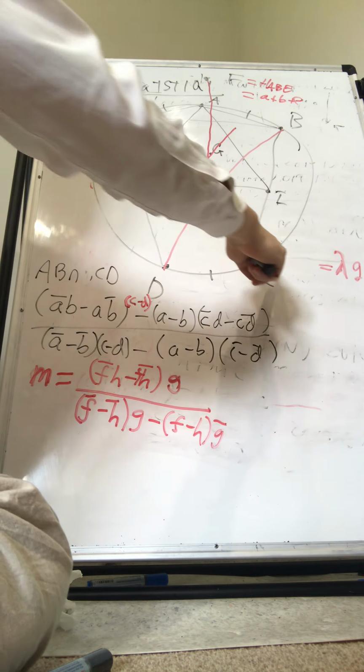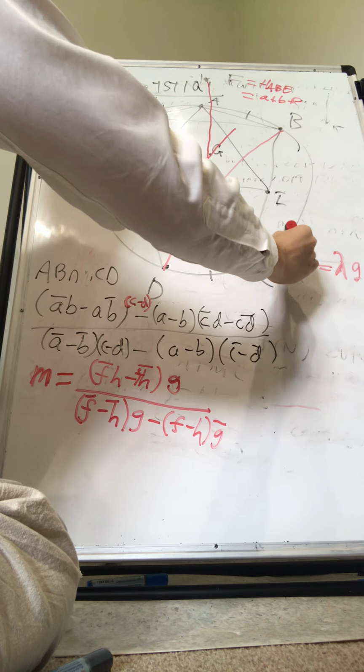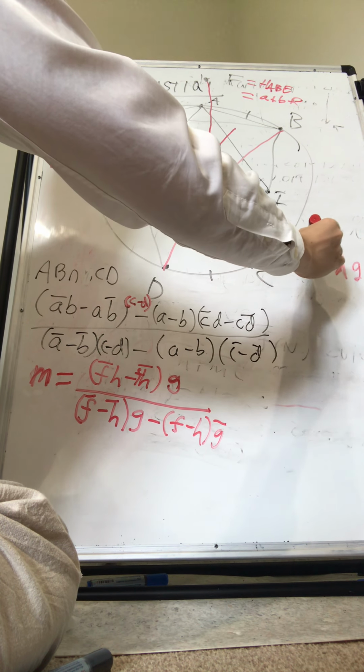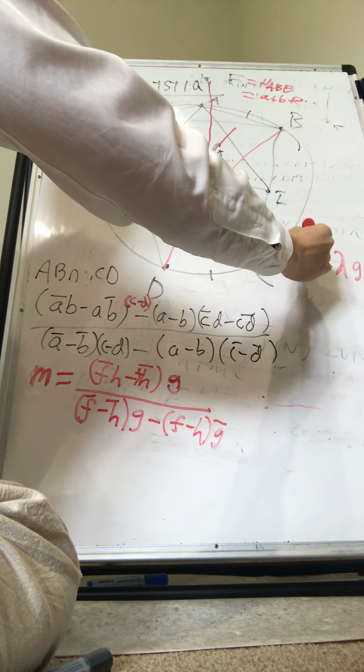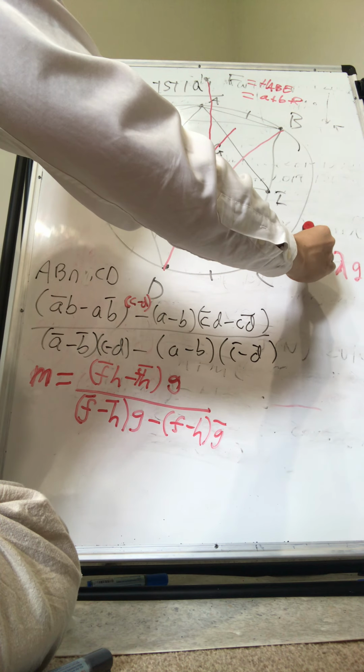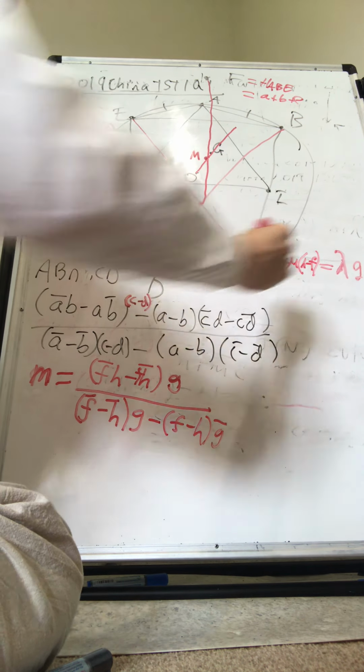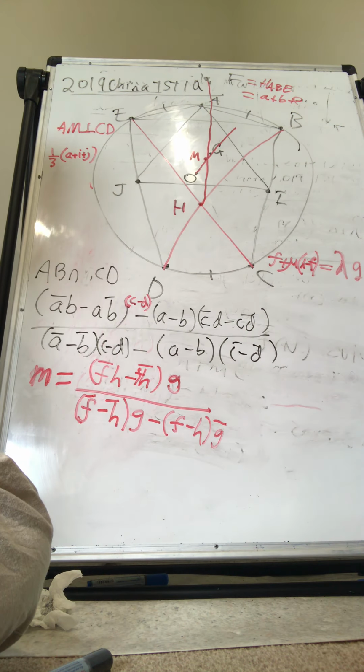So let's do FH: F plus a multiple of H minus F. Does that make sense? That's the intersection condition.